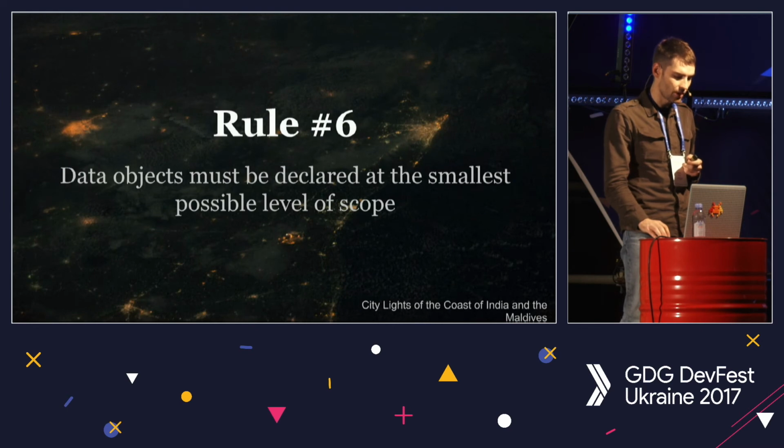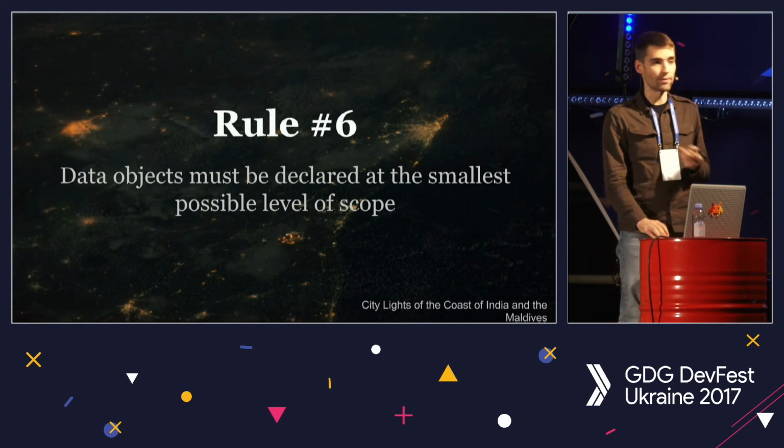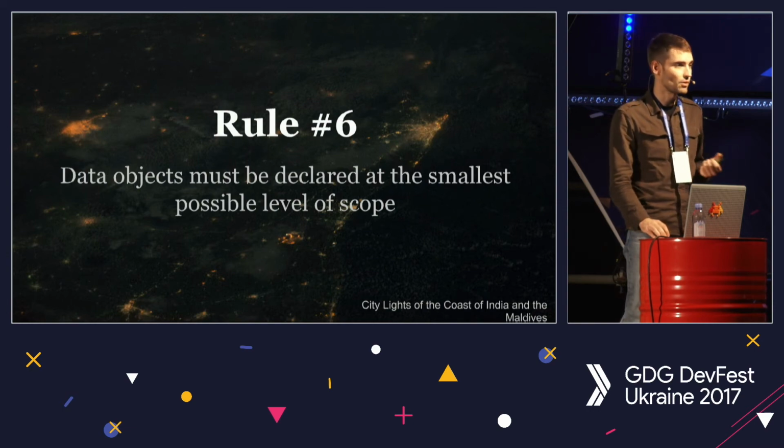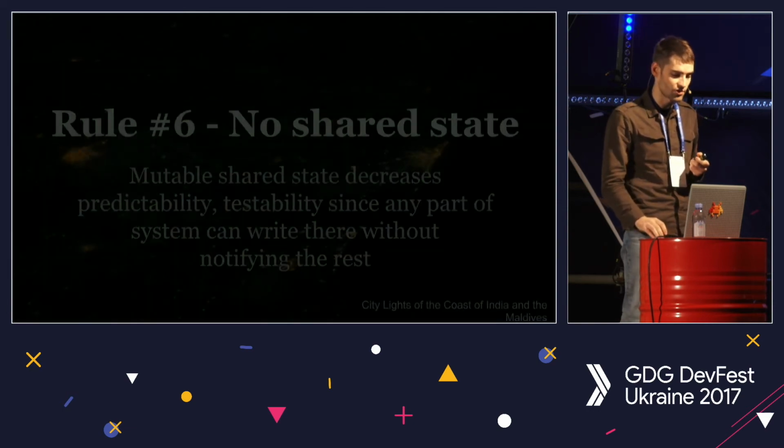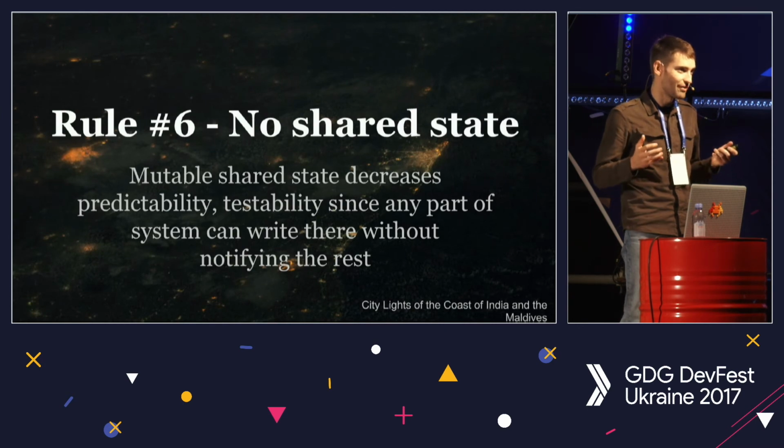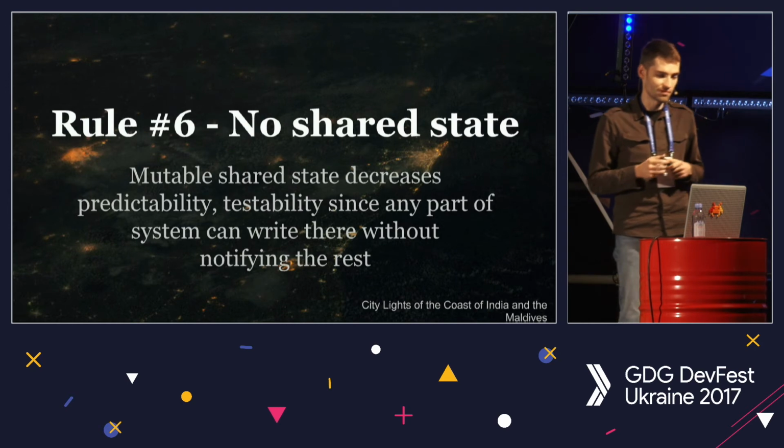Rule number 6, data objects must be declared at the smallest possible level of scope. This one we know really well. It might look new, but actually this is about shared scope. It's what web developers are really good in managing, with all this Redux and observables and so on.